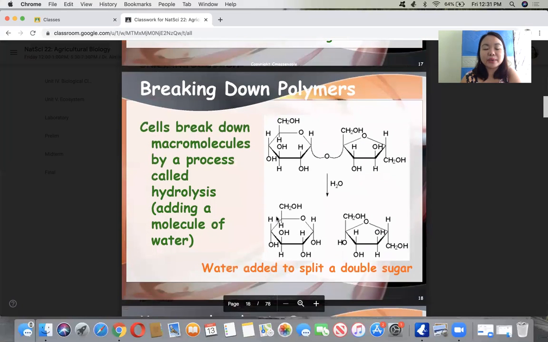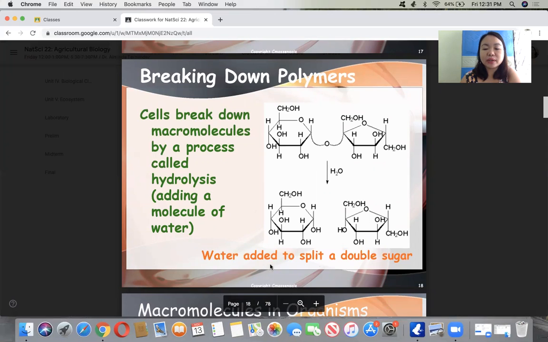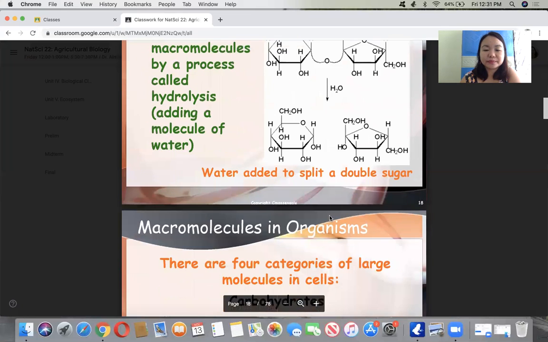Breaking down polymers means the cell breaks down macromolecules by a process called hydrolysis, with the addition of a molecule of water. So water is added to split a double sugar. So this one is split with the addition of water.